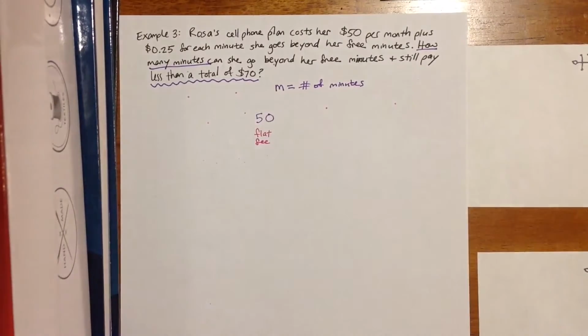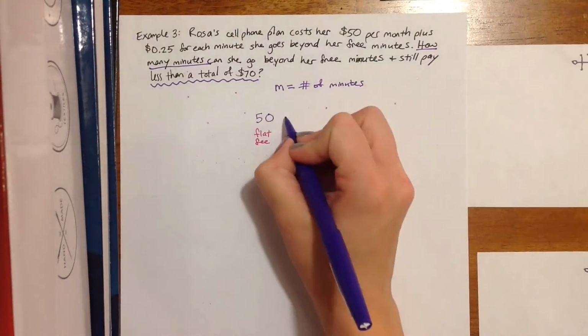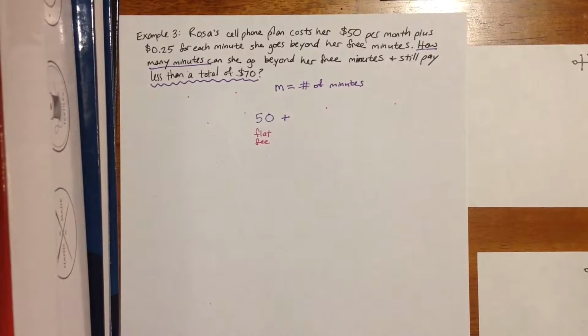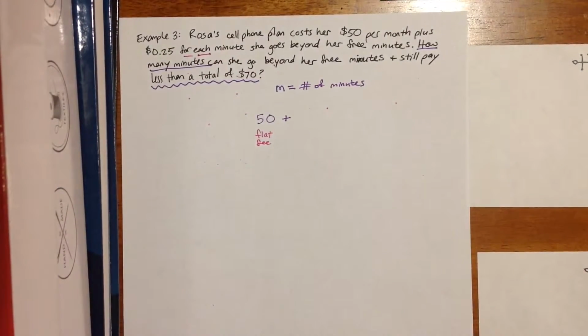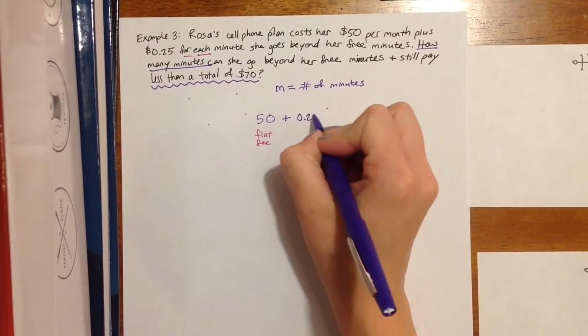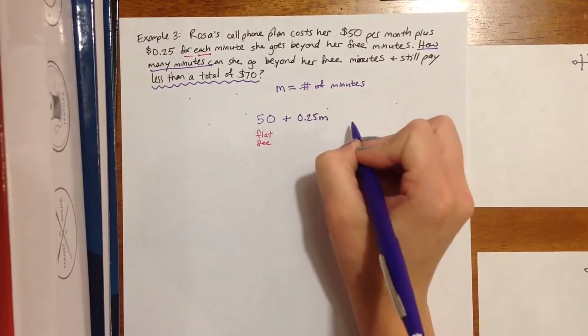Every month, flat fee of 50, plus, it tells us what operation, how kind of them, plus 25 cents for each minute she goes beyond. Hopefully you remember from elementary school, middle school, when it says for each, that is a clear sign that we are multiplying here. So I'm going to take my 25 cents for each minute.